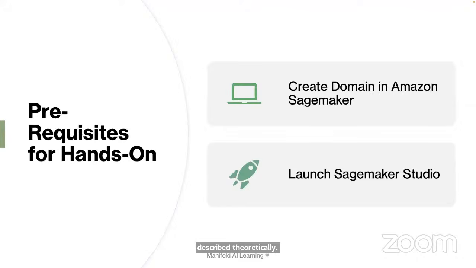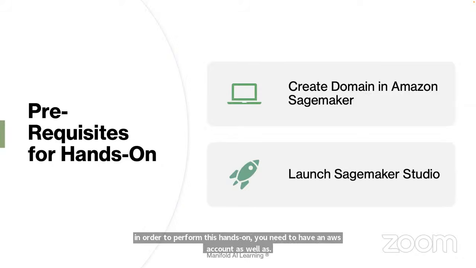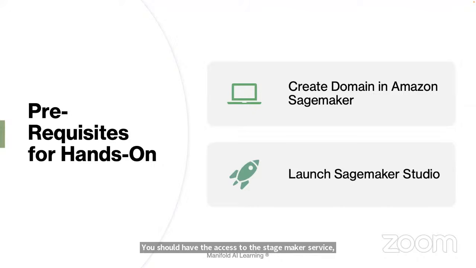To perform this hands-on, you need an AWS account and access to the SageMaker service. Whatever I do, I'll be launching inside my AWS account, launching my own domain, and inside the domain we'll access the various services. And I'll tell you each and every step that I perform in this hands-on.